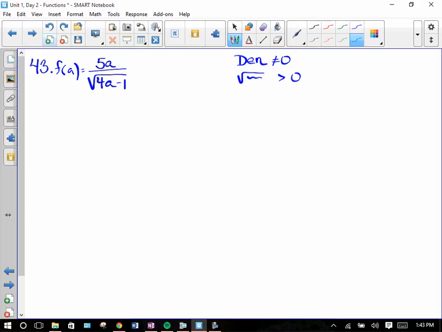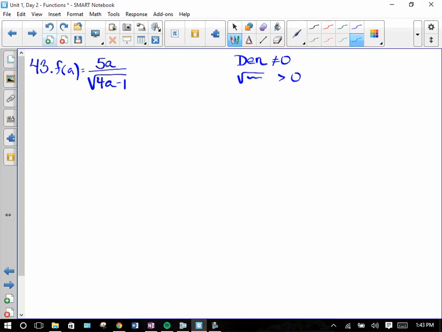Alright, so what do we do here? Well, we know it can't be equal to 0, so this is the more restrictive one. So what we'll do is, let's figure out what A has to be greater than.